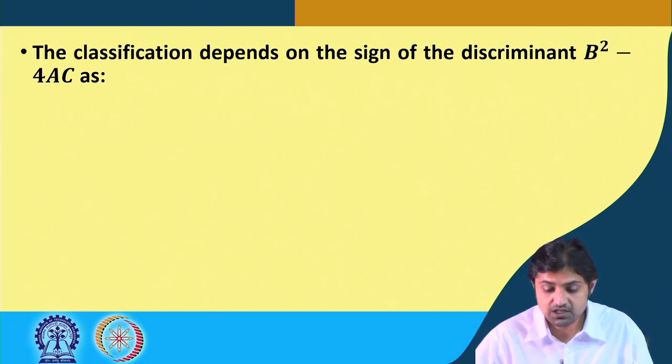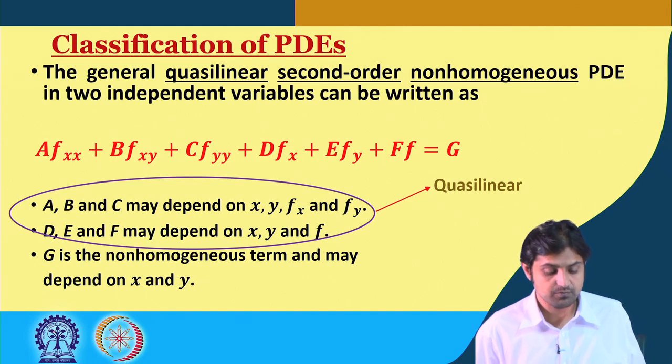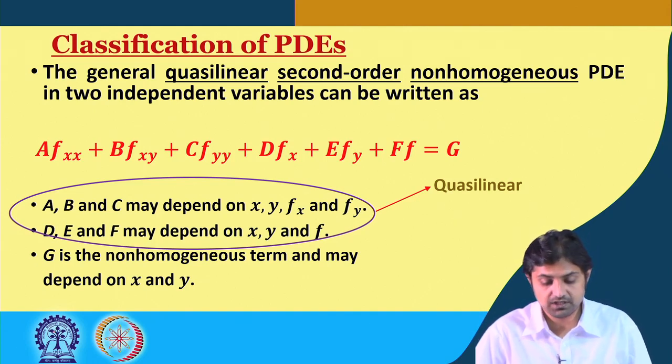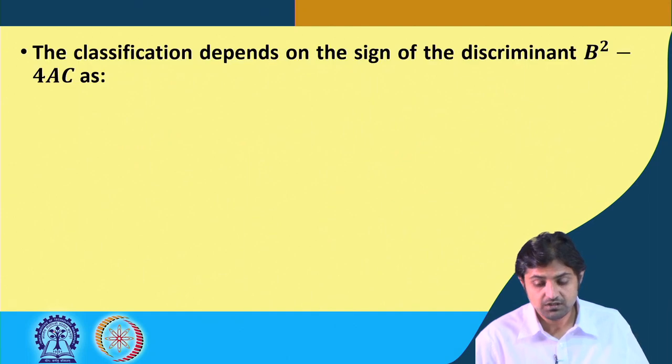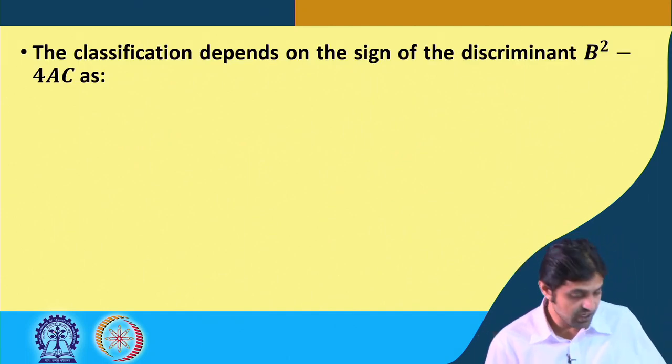So, the classification depends on the sign of the discriminant b square minus 4ac. In this particular equation, a fxx plus b fxy plus c fyy plus d fx plus e fy plus ff is equal to g, the solution will depend on the value of b square minus 4ac. And how does it depend?